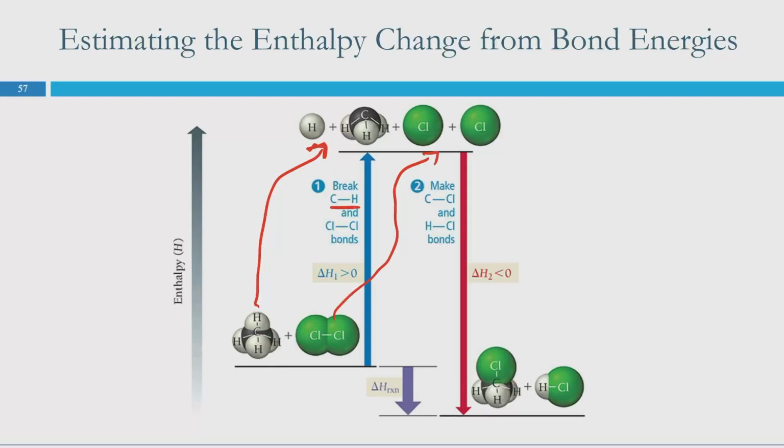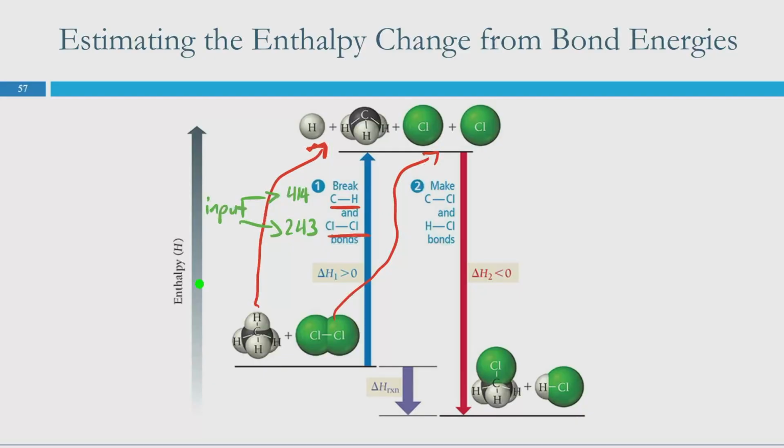So we break a C-H bond, we break a Cl-Cl bond. In our table that we looked at earlier, the C-H bond is 414 kilojoules per mole. So we have to put in 414 kilojoules per mole to break that bond. We also have a Cl-Cl bond, and that is 243 kilojoules per mole. So we have to put in that energy to break those bonds.